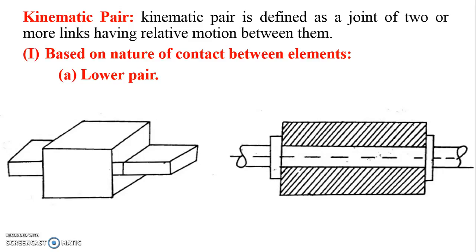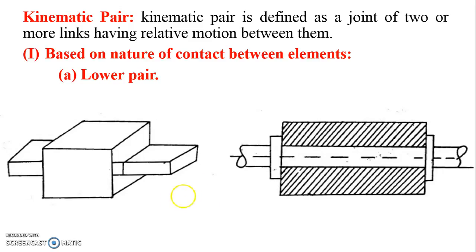A lower pair is defined as when the two elements of a pair have a surface contact, when relative motion takes place and the surface of one element slides over the surface of the other. The pair formed is known as lower pair.